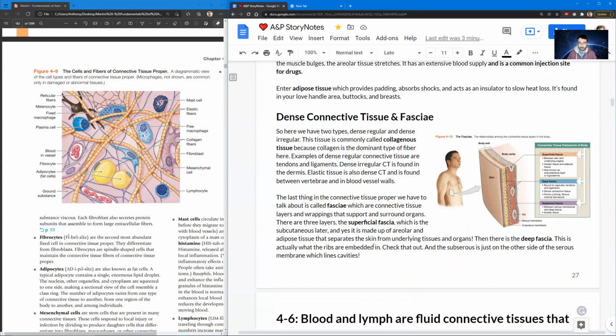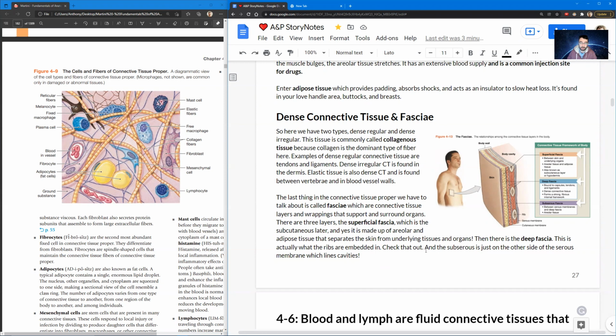The last thing about connective tissue proper is called fascia. And this is a connective tissue that wraps around and supports all of our organs. And there are three layers here: the superficial, the deep, and the subserous. So the superficial fascia is the subcutaneous layer of our skin. So not the surface of our skin, that's epithelia, but it's actually the third level of our skin, after epidermis and dermis, all right?